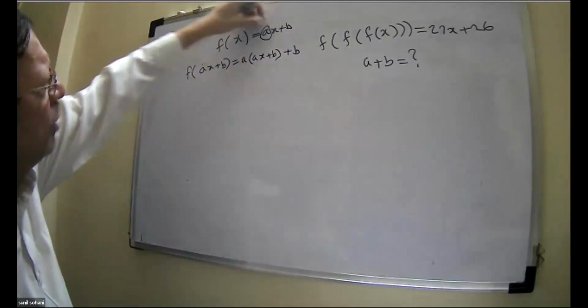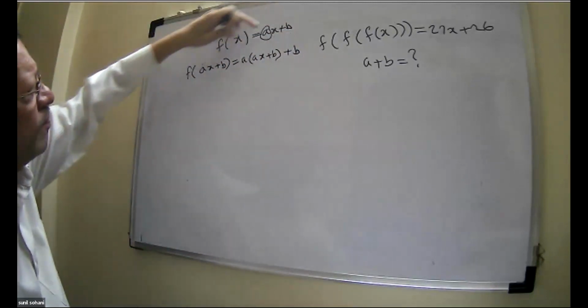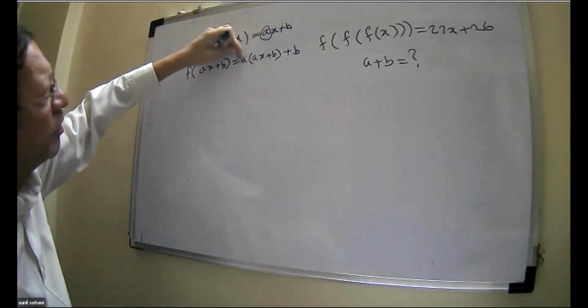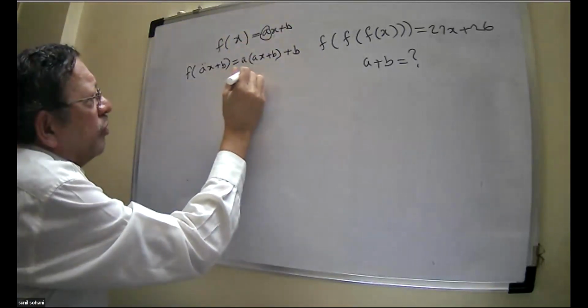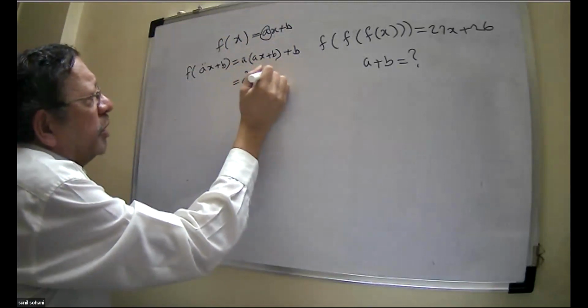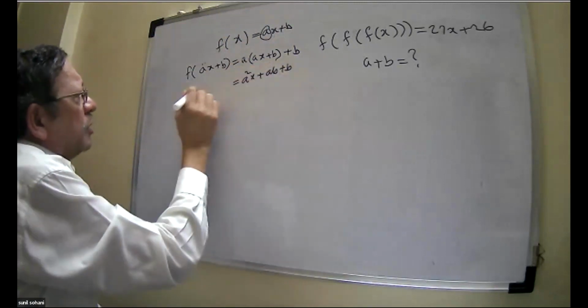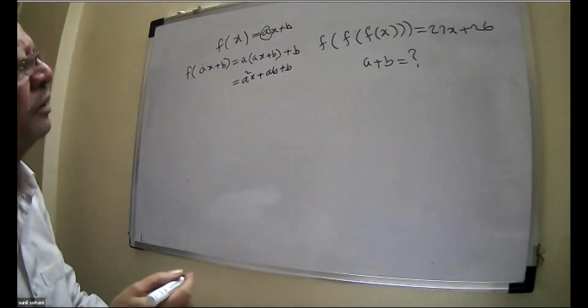So here x takes the value of the function value, a is the multiplicand and b is the constant. This way you get a square x plus ab plus b as the function of ax plus b.